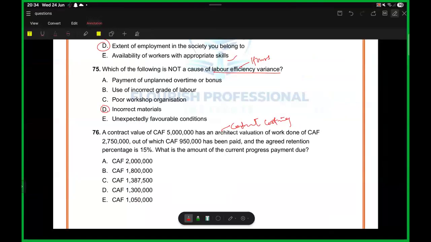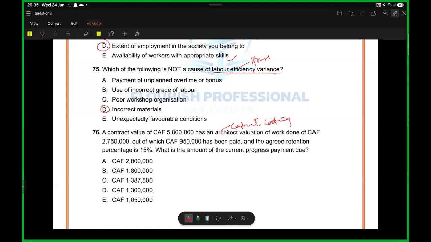But what we are saying is that which of the following is not a cause of labor efficiency variance. So we are saying payment of unplanned overtime or a bonus. If you don't pay the people their overtime or bonus, it would discourage them from putting out their best in working.